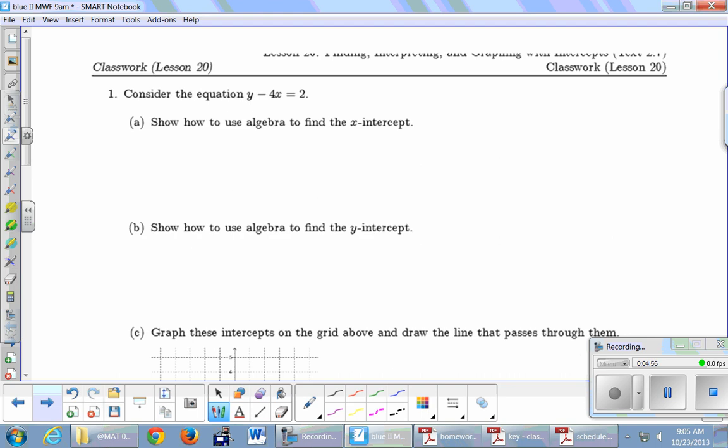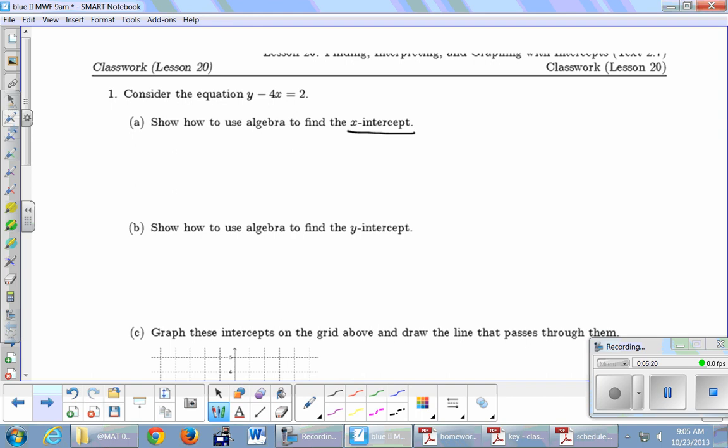Number 1, we'll go to Morgan. Okay, so let's find the x-intercept given that equation. Now, I don't have a line in front of me, so I can't just look at a line and count hash marks and figure out the x-intercept.